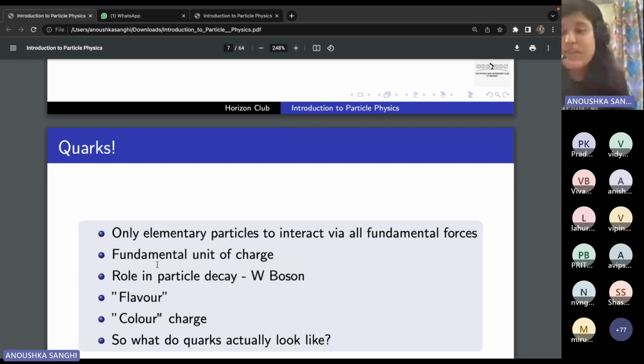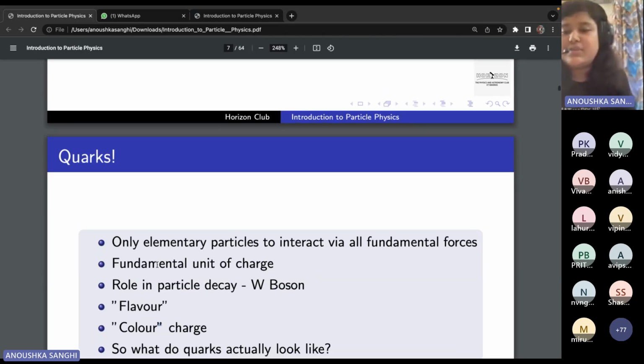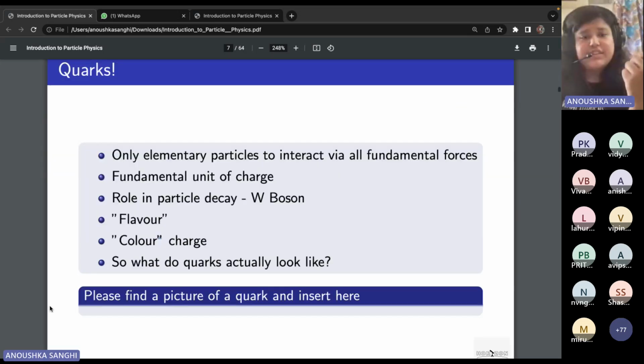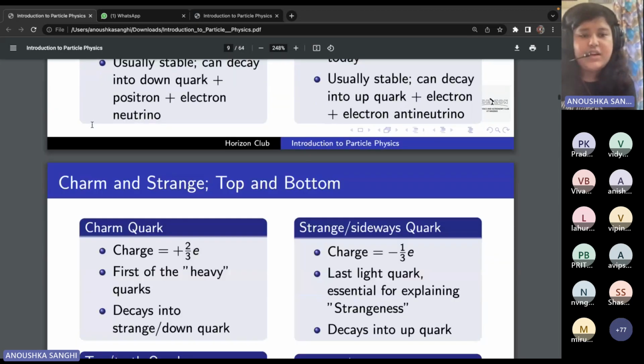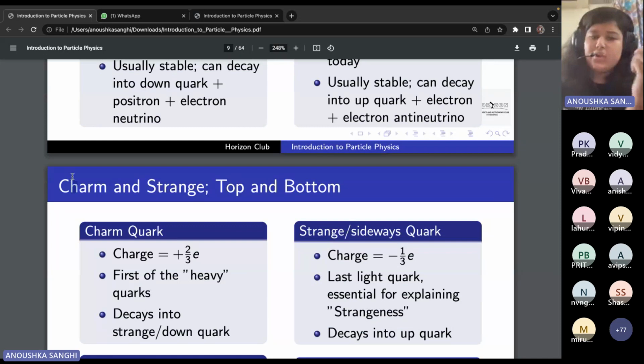There are six types of quarks. If I go directly to the types of quarks, I think it will be fine. The first is up, then down. Everything is mentioned in this PDF. So it is up, down, charm, strange, top, and bottom.